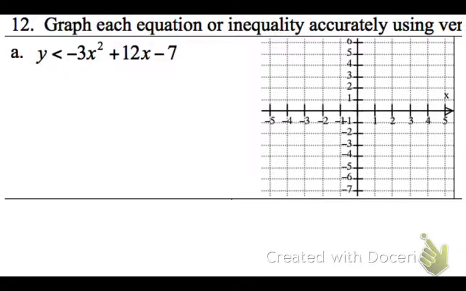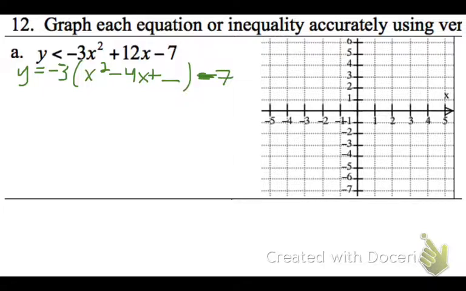Graph the inequality using vertex form. So that's good. We get to complete the square. So we have y, we'll just say equal to for now. We'll ignore the inequality, come back to that later. Negative 3. We're going to factor out that negative 3, so we have x squared minus 4x, because we took a negative 3 out, divided by negative 3, plus blank, equals minus 7.